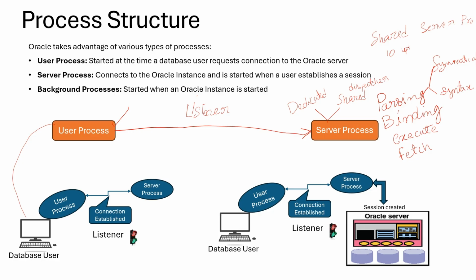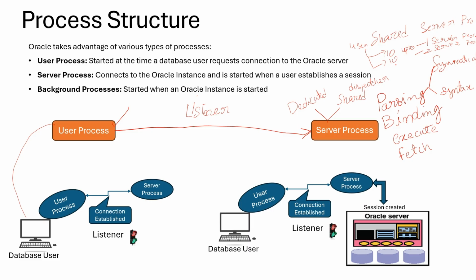Once these 10 users are connected, one server process can take care of these 10 connections, and now you got another 10. What will happen? Another server process will be initiated, a second server process, to handle that additional 10 user connections.